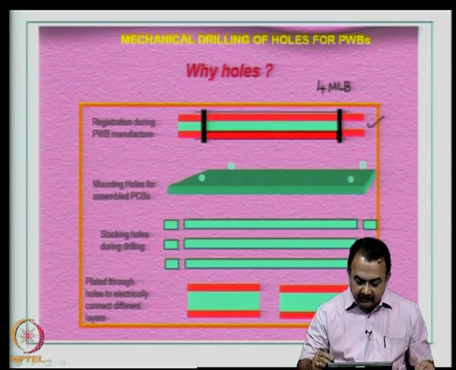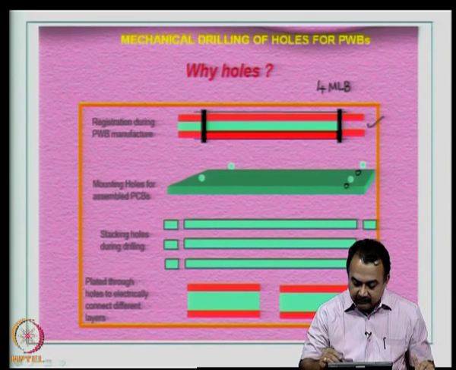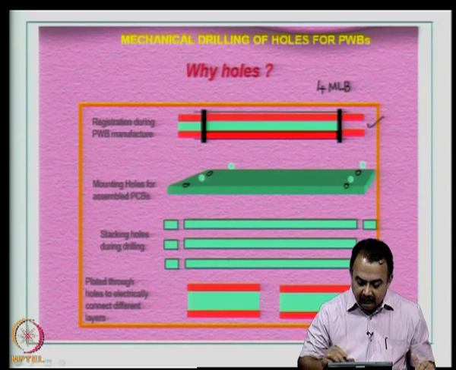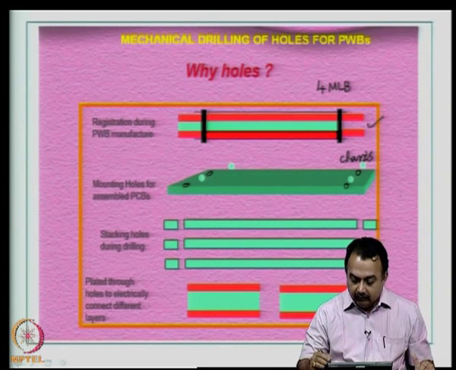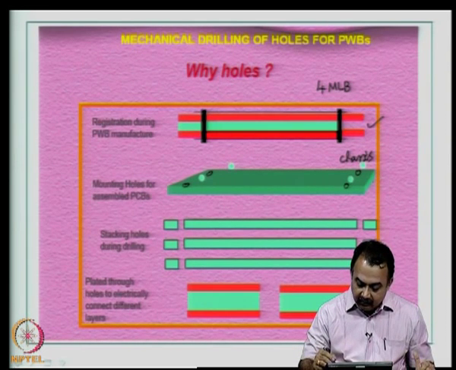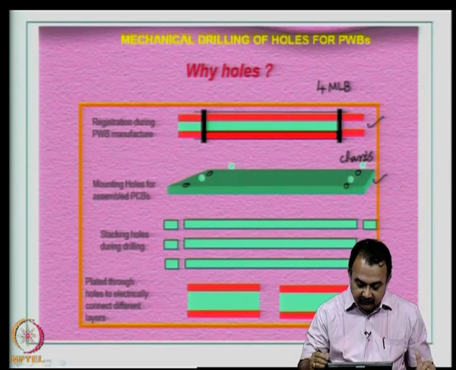Then the next requirement is that you may require mounting holes on the PCB, which will eventually go through to the mounting of the PCB on the chassis of a product. So, holes are required as mounting holes for assembly of PCBs.